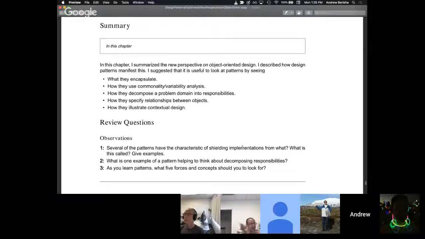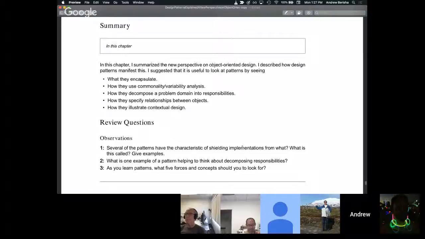Okay, we'll go back to this one. In three sentences, what is the value of design patterns to you? My first sentence: the value of design patterns is that they allow a terse language that I can use to communicate higher level concepts, code refactoring concepts.